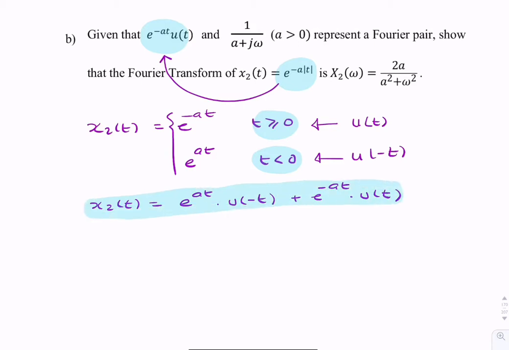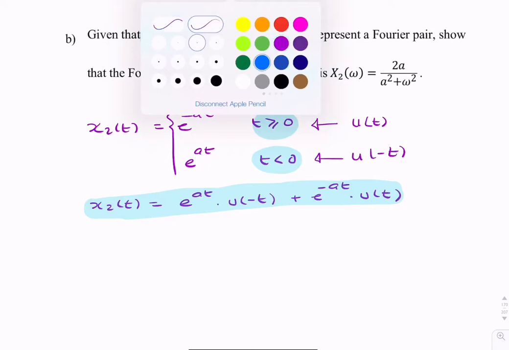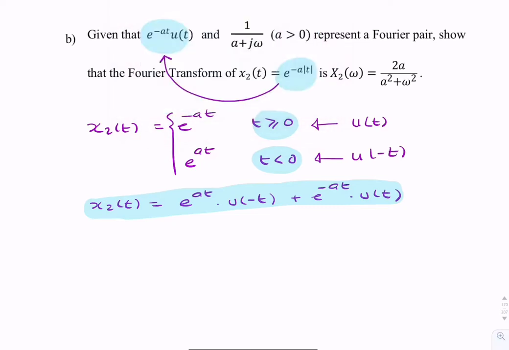We can use that to find the Fourier transform x2 of omega. So the Fourier transform by definition is the integral of x2 of t e to the minus j omega t dt. And we can split that into two integrations.